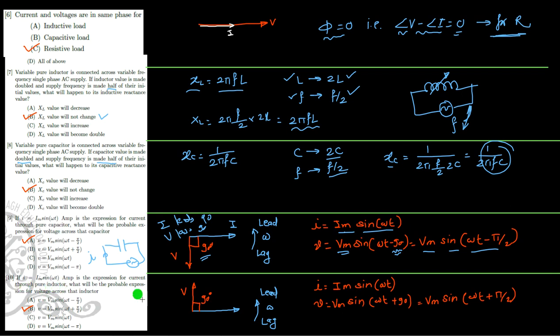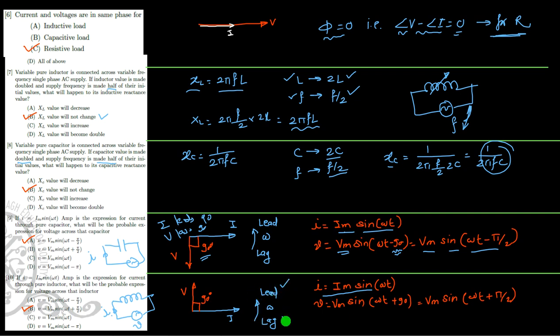The same problem is repeated here, but instead of the capacitor, an inductor is given, and the current through the inductor is given. We have to find the voltage. So i is equal to Im sin omega t, which is the reference. In a pure inductor, the current lags the voltage by 90 degrees. So voltage is leading the current by 90 degrees. Phasors rotate in the anti-clockwise direction.